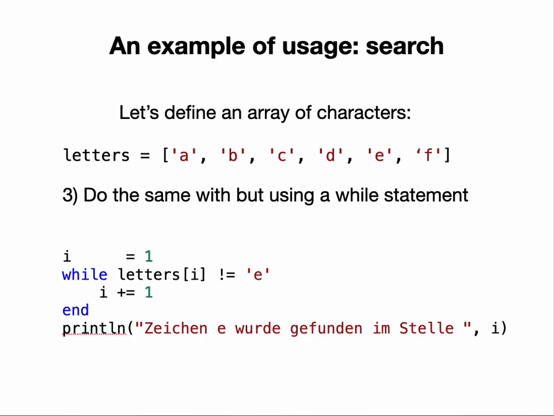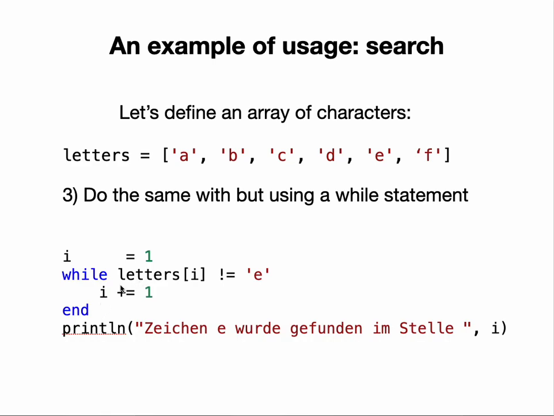The same thing you can do with a while statement, of course, and it's going to be a bit simpler because the while statement by nature includes a condition. So you can simply set I equal to 1 initially and then construct your while statement, let it run as long as letters of position I is different than character E, it will loop.